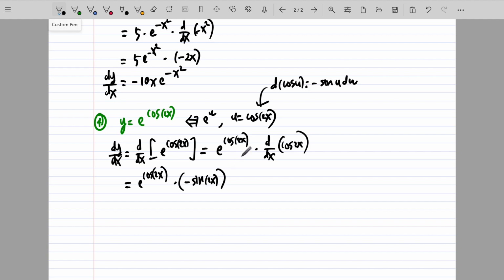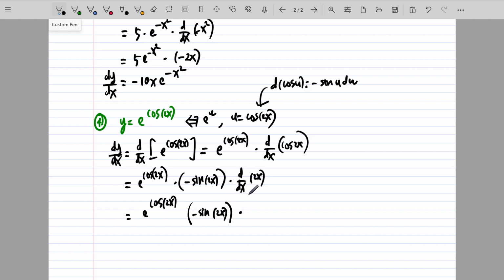So, in this case naman, sa derivative ng cosine u, ang magiging u naman dyan is yung 2x. So, meron ka pa dyan, derivative with respect to x ng 2x. Alright? So, e raised to cosine na 2x times negative sine 2x.